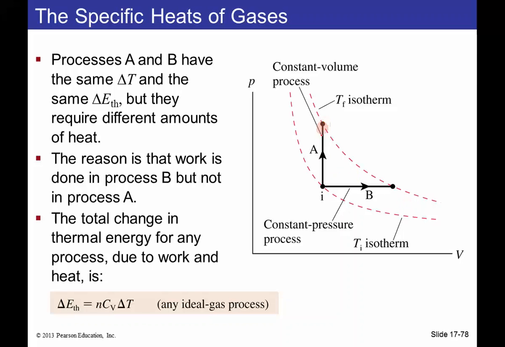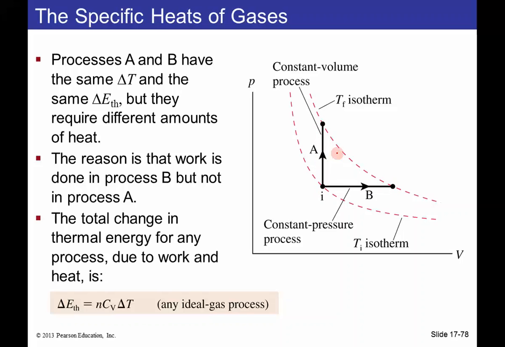So what is the change in thermal energy for these two systems? Well, process A and B both have the same delta T, right? Because they start at the same initial temperature and finish at the same final temperature. Because this is an ideal gas, they also have the same change in thermal energy. However, you require more heat to produce process B than process A. The isochoric process requires less heat.